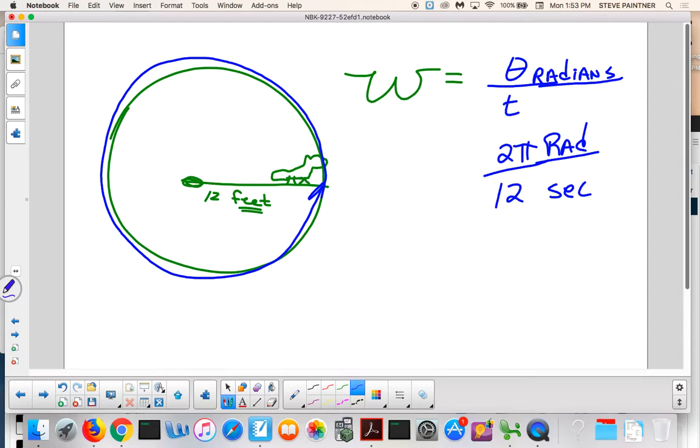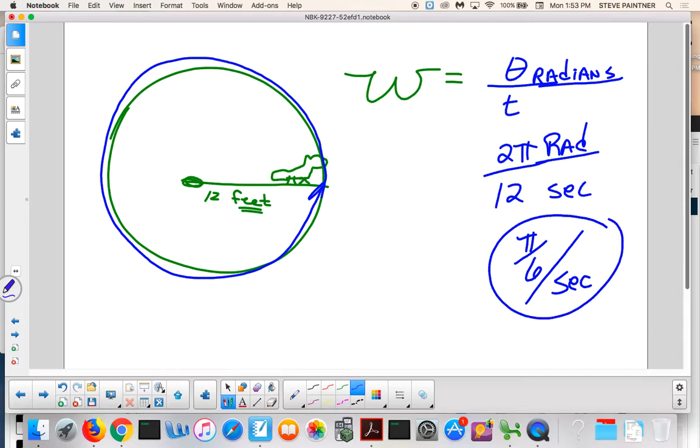Reduce it. You're moving at an angular speed of pi over 6 per second. What's pi over 6? Oh, 30 degrees. That means every second you've gone 30 degrees around the circle. That is angular speed.